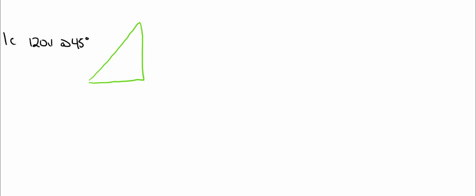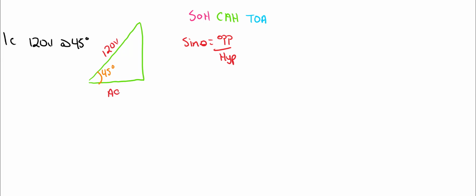My hypotenuse would be 120 volts, and the angle at which it occurs would be 45 degrees. So, write out our trig functions again really quick, just so we remember: SOH, CAH, TOA. So what do we want to use? I want to start off with sine. So sine theta is equal to the opposite divided by the hypotenuse.